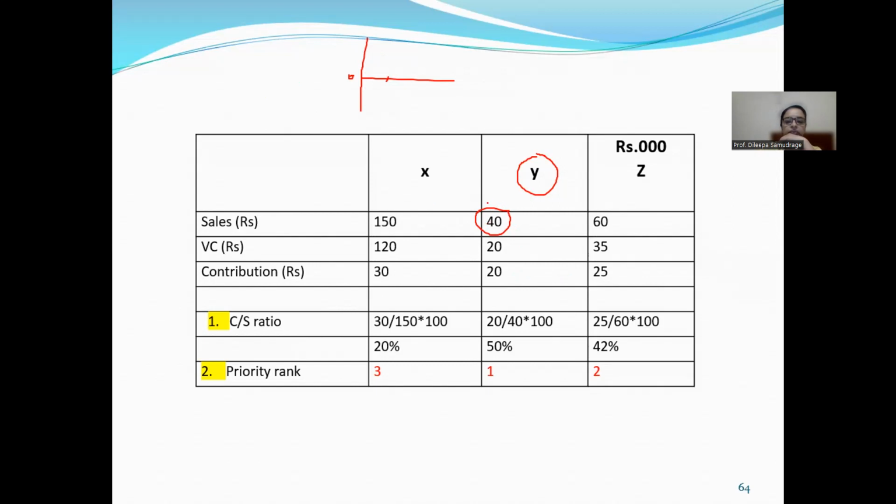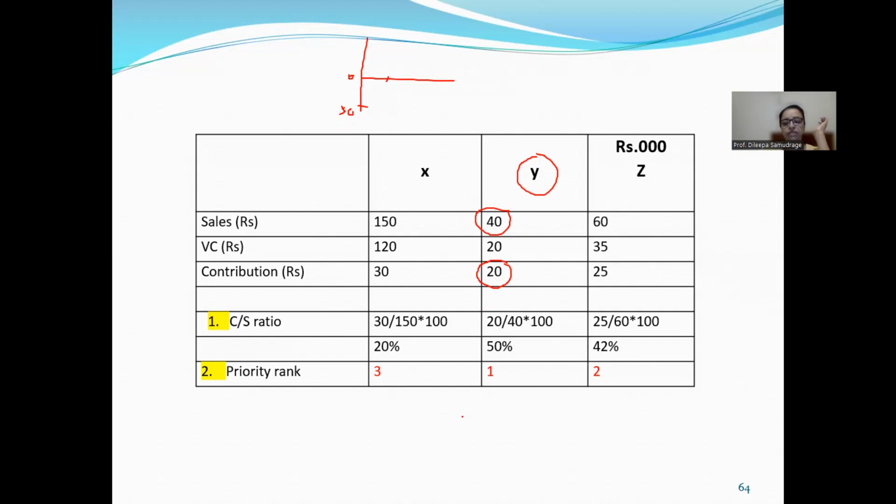So at 40,000 level, you have a contribution of 20,000, right? So now at this point, you have a loss of 50,000. You marked 50,000 loss at zero level, so you have to cover this loss by using this contribution.